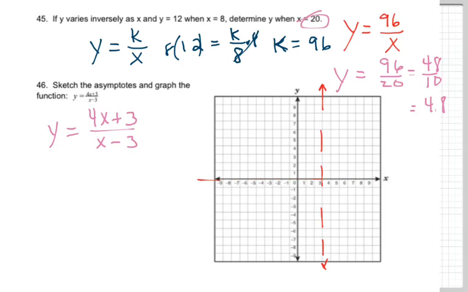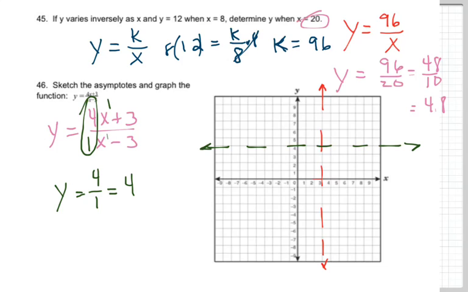They have the same degree. We got to look at the ratio of the coefficients of the highest degree terms there. Since they're both x to the first, y equals 4 over 1, because there's a 1 right there, or just y equals 4 is going to be the asymptote right there.